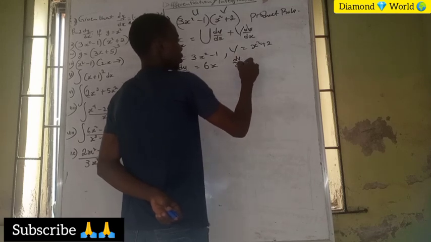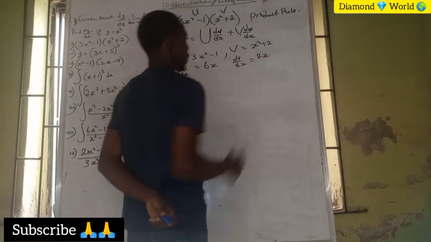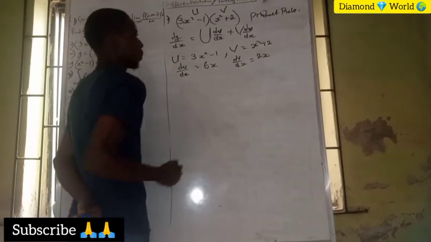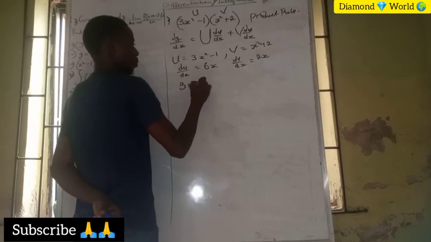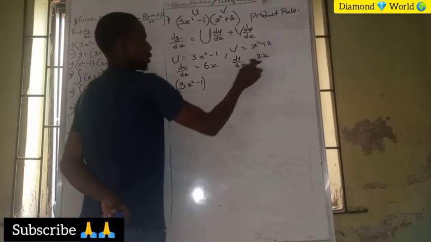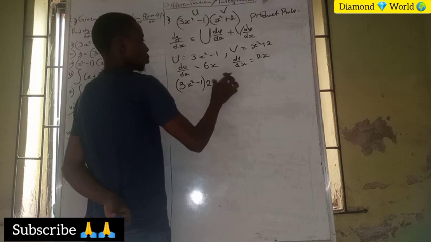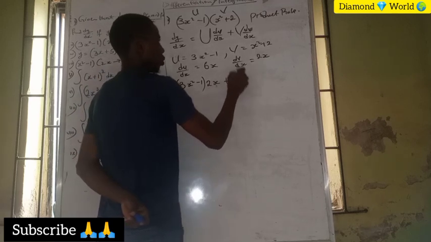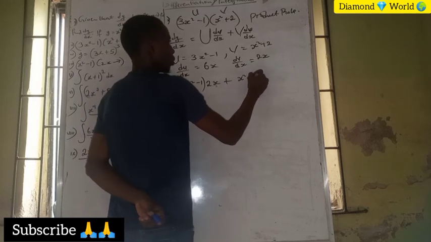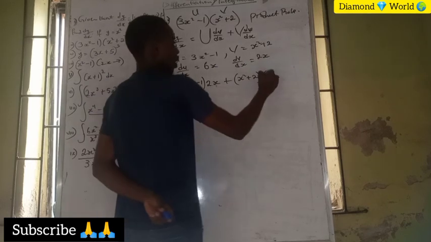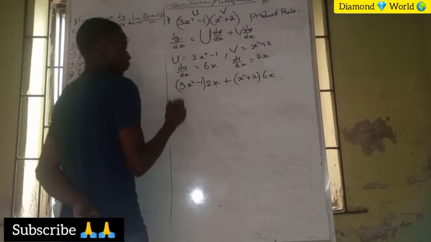The dv/dx will give us 2x. Now let's go back here. What is our u? 3x squared minus 1. And this is our dv/dx, 2x, plus, what is our v?